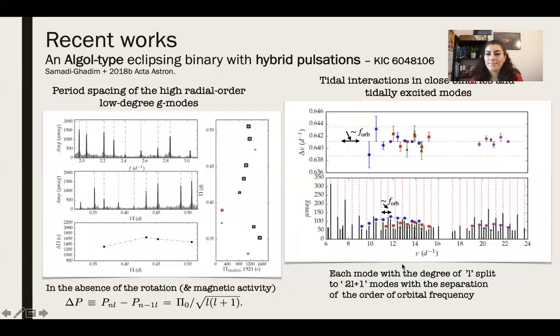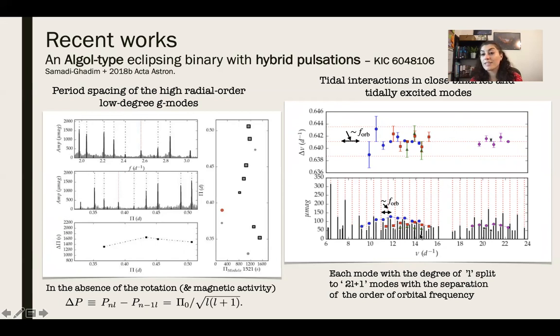And later on, according to the asymptotic theory of pulsation, we expect that the g modes appear with regular period spacing, which I could detect here, and I put them in the echelle diagram. They are located in an almost vertical ridge.